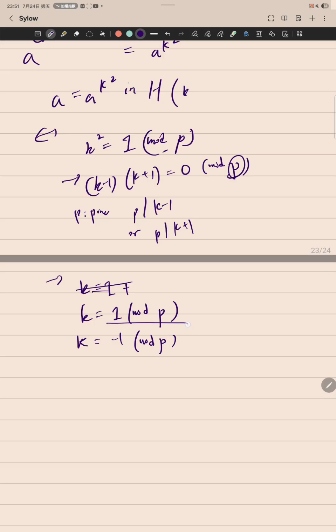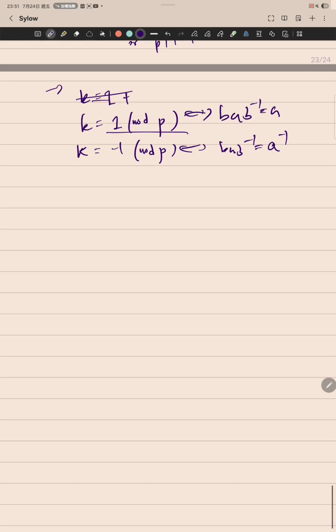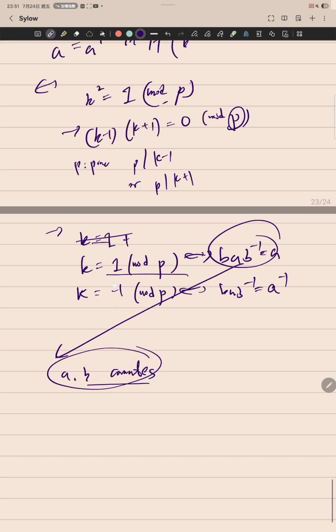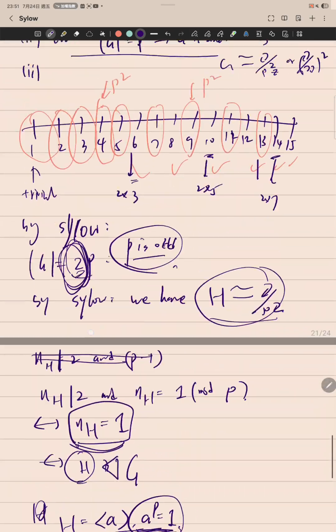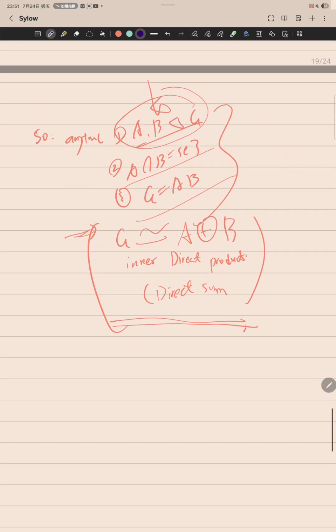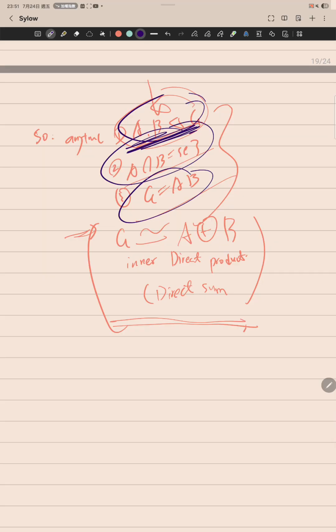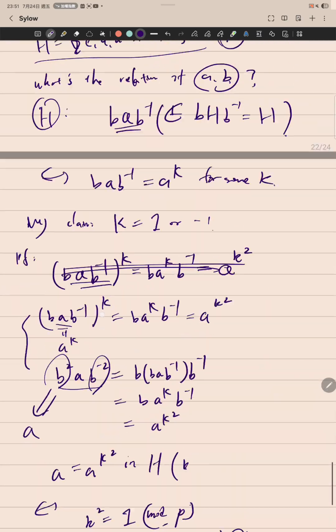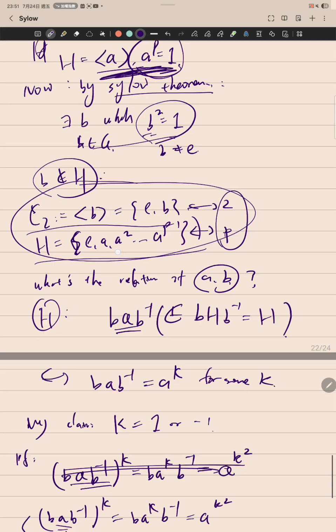If K is 1 modulo P, meaning that BAB inverse is A, this means that A and B commute, right? But if they commute, then by the previous results, you have two normal subgroups, their intersection is identity, and their product will generate the whole group.